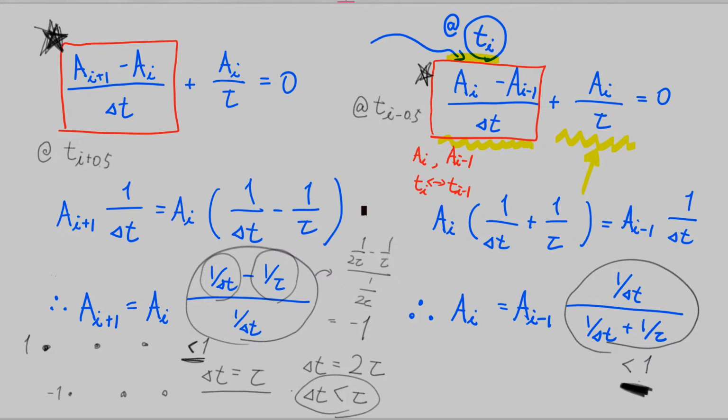So they share their behavior. So the point is, in this left-written formulation for the time derivative, we have to be careful about this calculation. Okay.